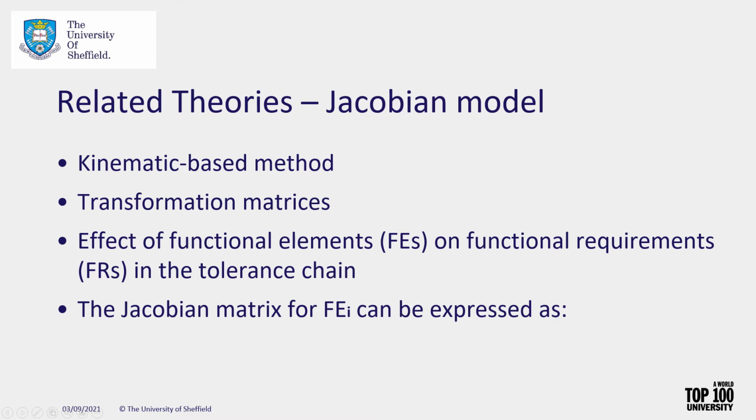Two Fe's separately belonging to different parts constitute a contact Fe, while two Fe's coming from one part make up an internal Fe. It is a matrix whose columns are extracted from the various homogeneous transform matrices relating the reference frames of the Fe's to that of the Fr. It can be formulated as this.